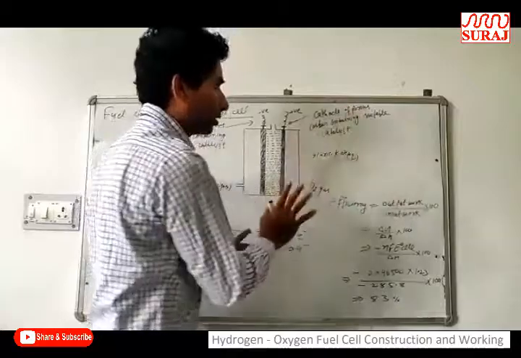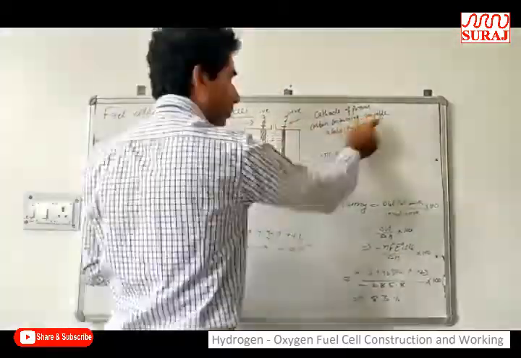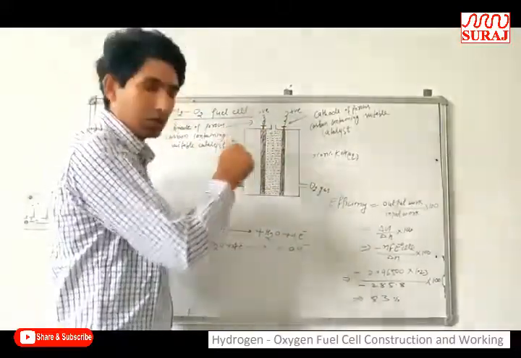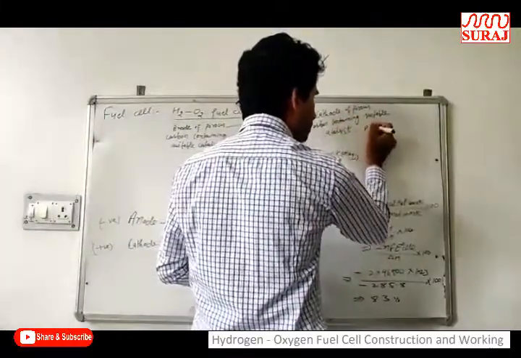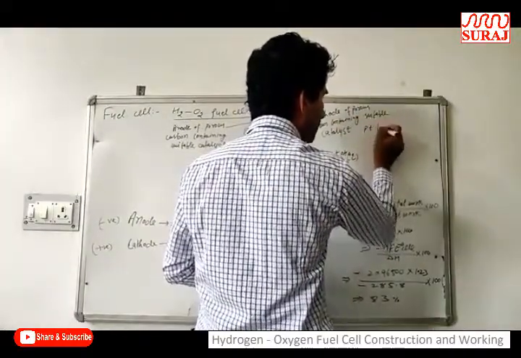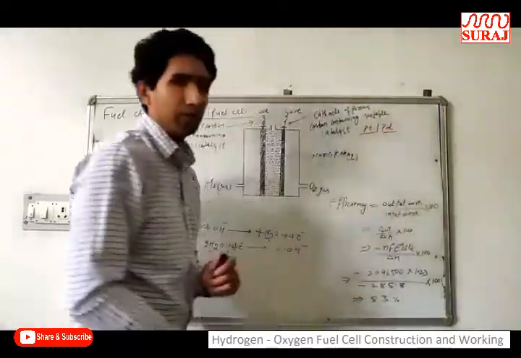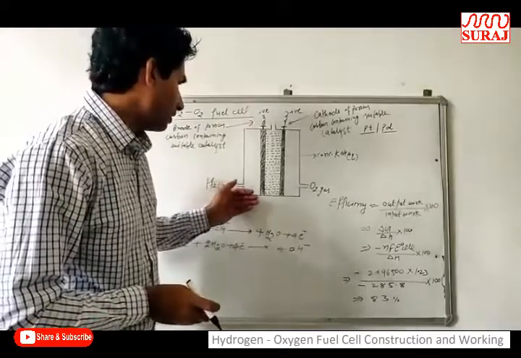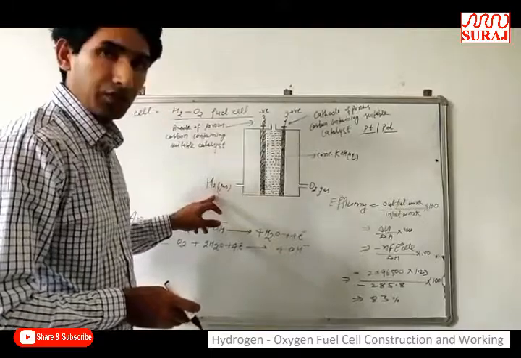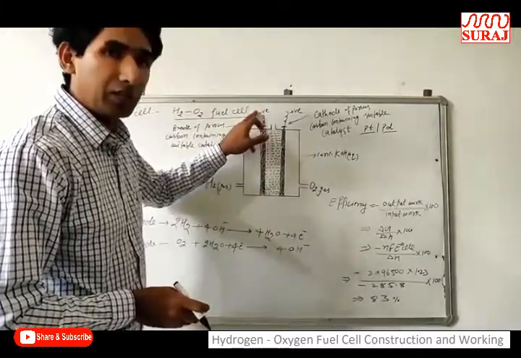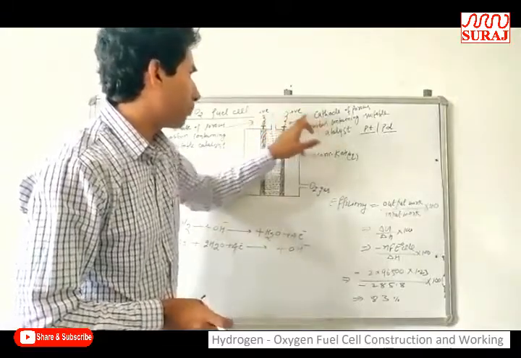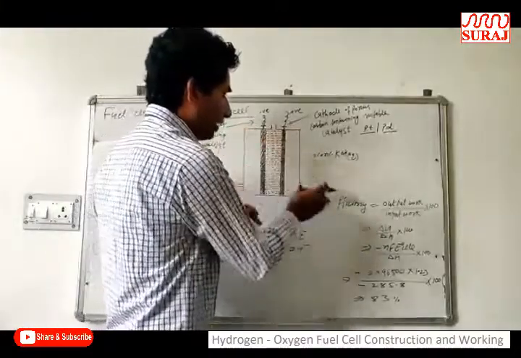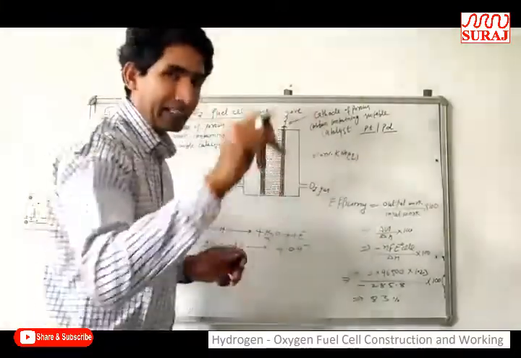These are porous in nature, and we have inserted a suitable catalyst in the electrodes, Pt or Pd, platinum or palladium. Clear? On the hydrogen side the electrode is negatively charged, and on the oxygen side the electrode is positively charged. Between the electrodes we have a concentrated KOH solution which acts as the electrolyte.